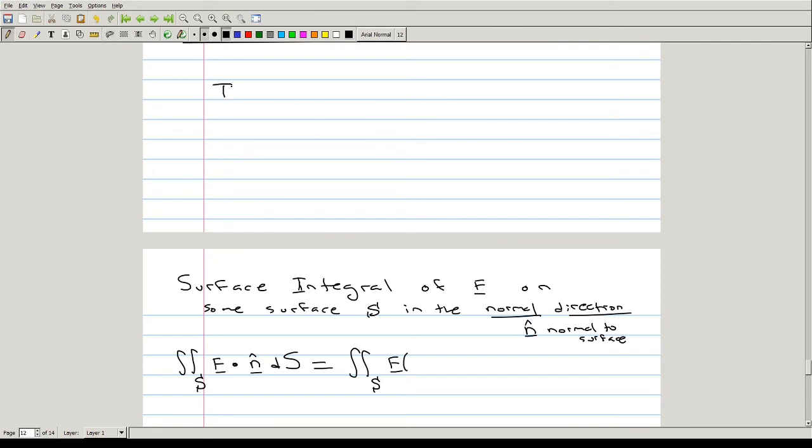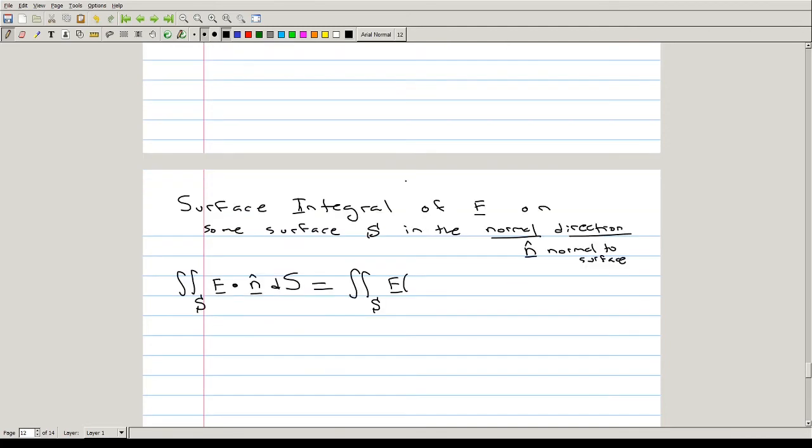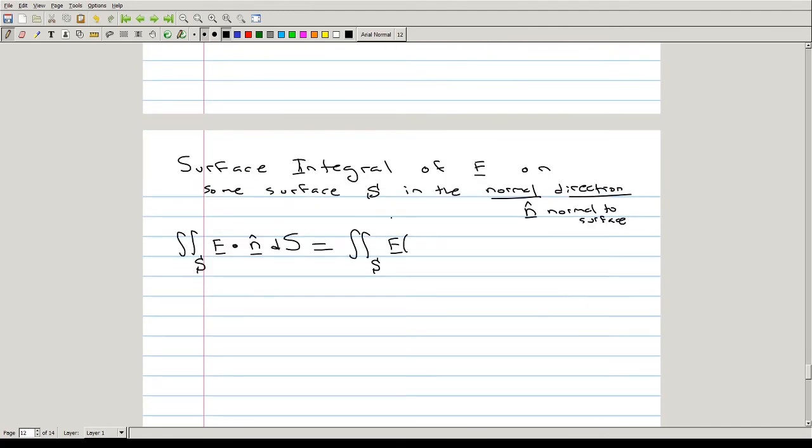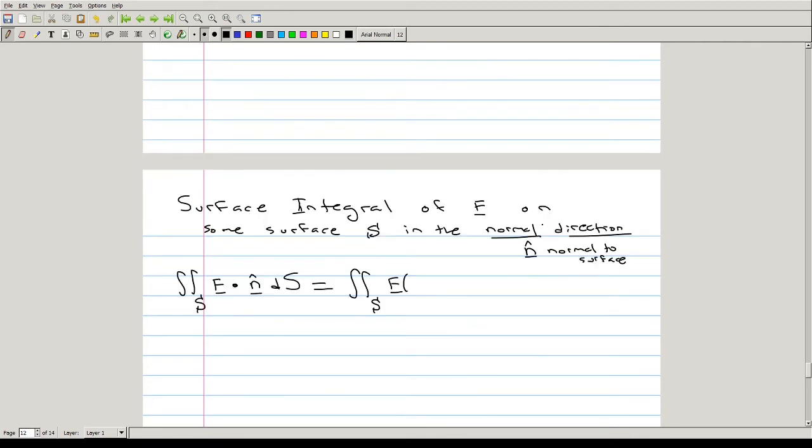Now right here, just to summarize, if we choose u hat to be equal to n hat in this formula, then we get the surface integral of f on some surface S in the normal direction to the surface, or in the perpendicular direction to the surface.